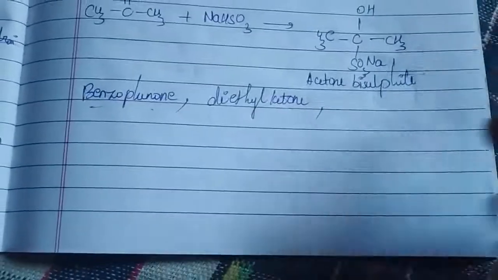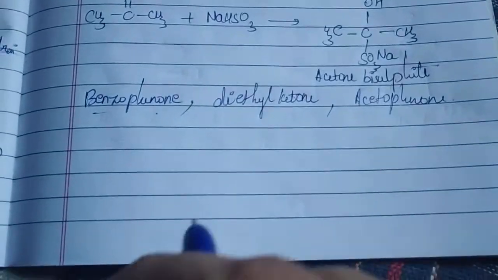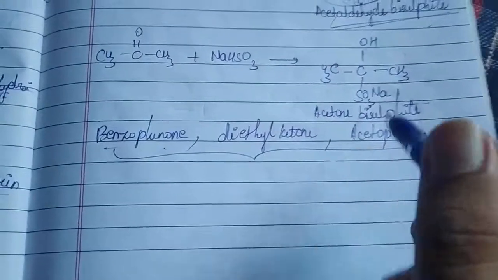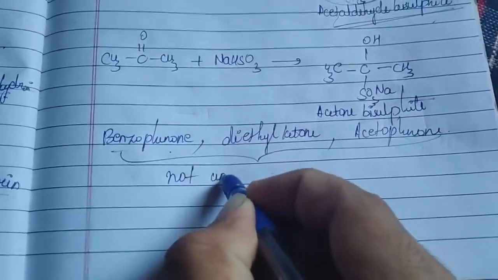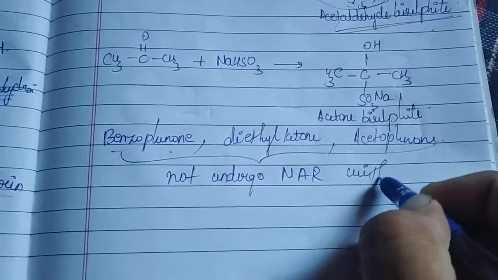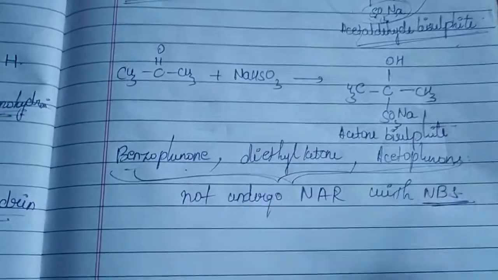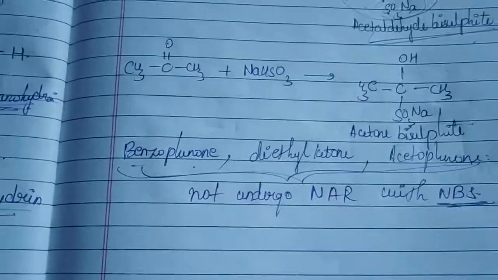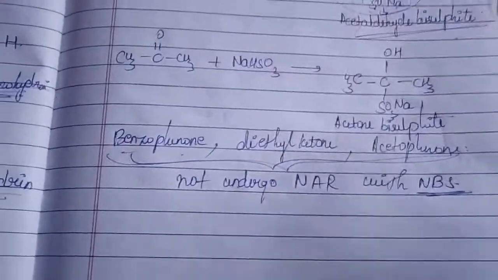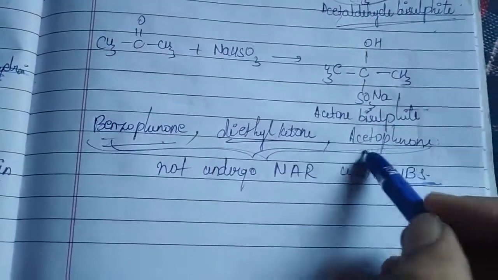So remember, diethyl ketone, benzophenone and acetophenone are the ketones which will not undergo nucleophilic addition reaction with sodium bisulfite. The only reason is steric hindrance. That is why I said only a few ketones which are very small, not having bulkier groups, can easily undergo this addition reaction, but not benzophenone, diethyl ketone and acetophenone.